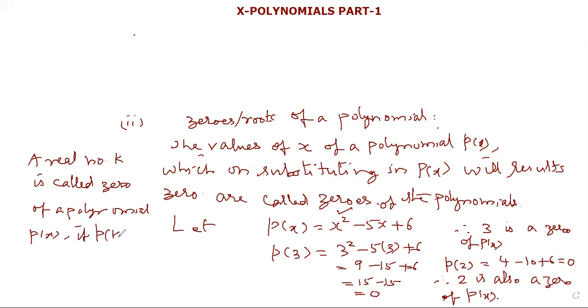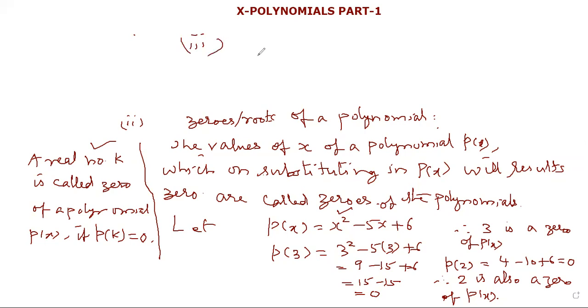You will put value of x as k and you get 0, then k is a zero of the polynomial. So same thing, it is mathematically defined, and this is in my words I have defined this one. Okay, but you should understand they are not going to ask the definition. So some other facts you should remember about it.